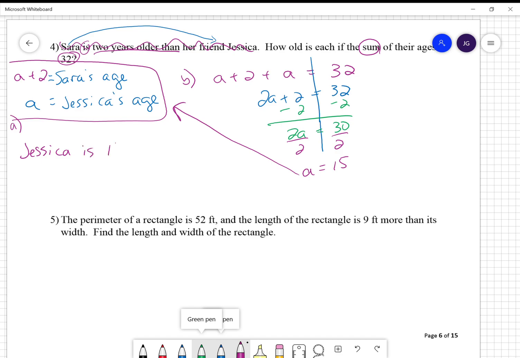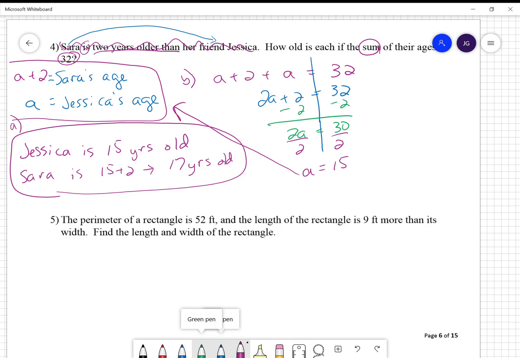Jessica is 15 years old. Sarah is 15 plus 2, 17 years old. If I wanted to check it, I would take 15 and add it to 17, and I get 32.